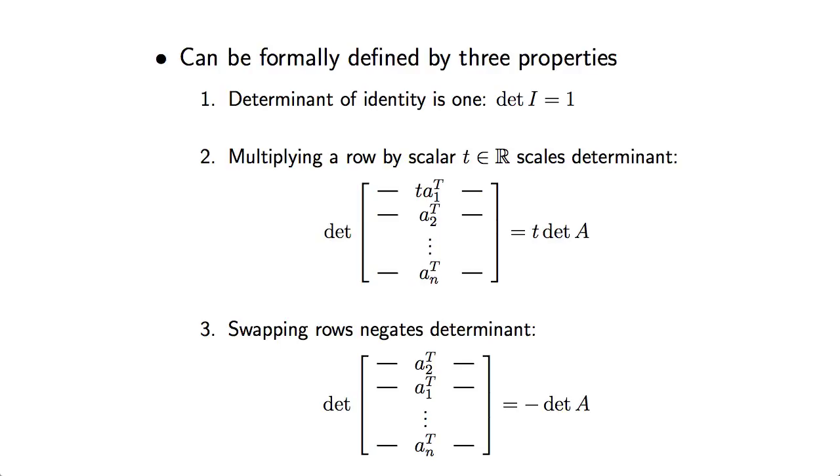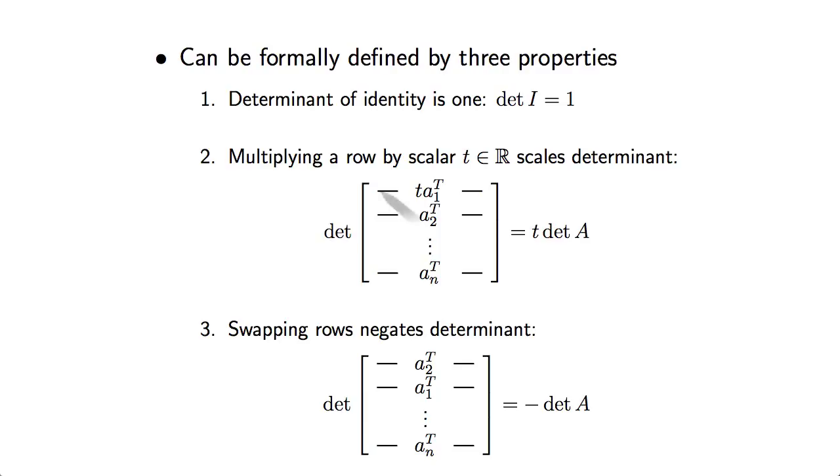A little bit more formally here, we can also actually define the determinant in terms of three properties. First of all, the determinant of the identity is equal to 1. We'll just define that, because the identity in some sense is the unit for a matrix.